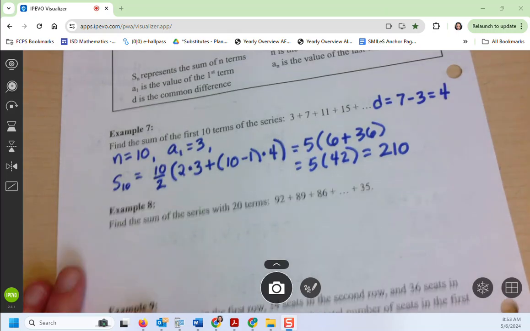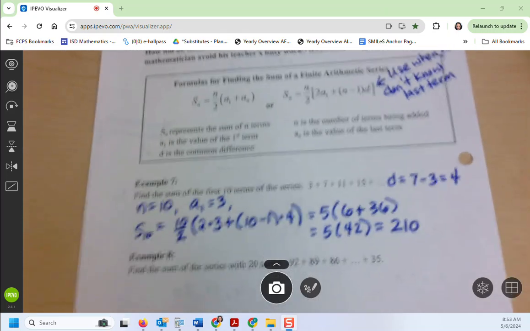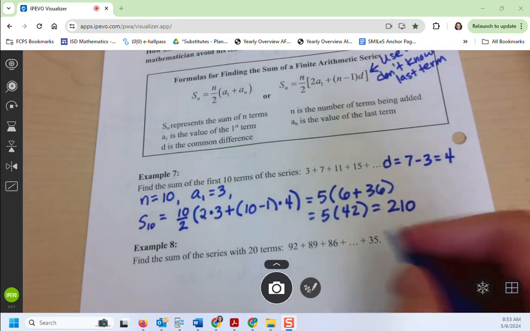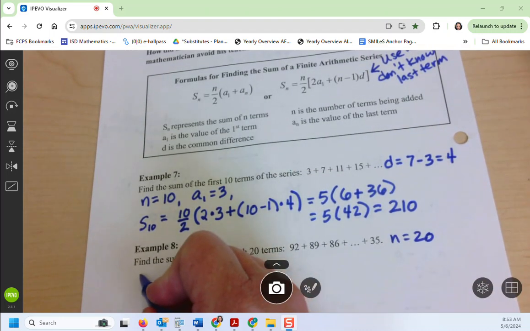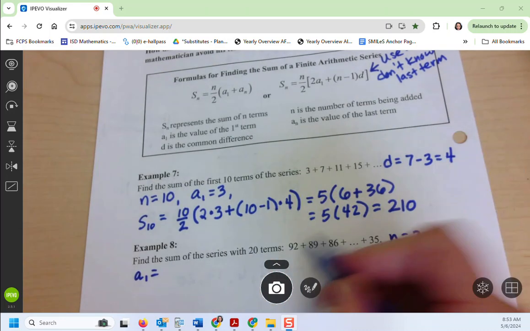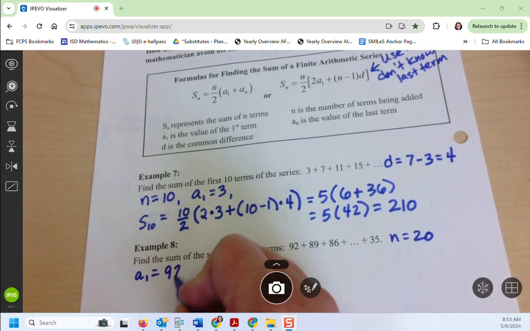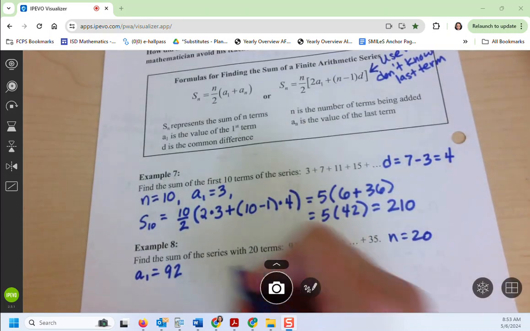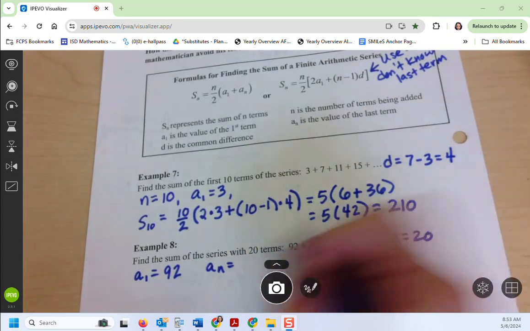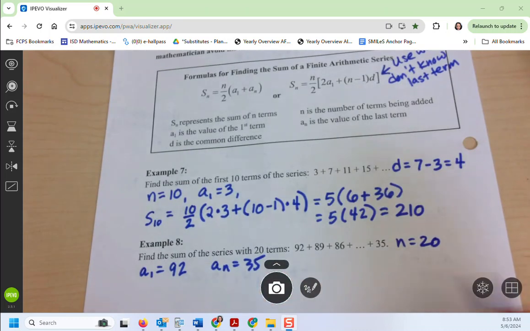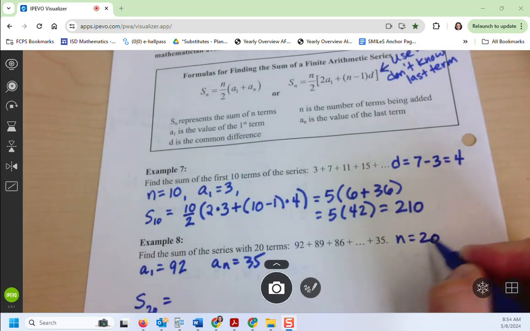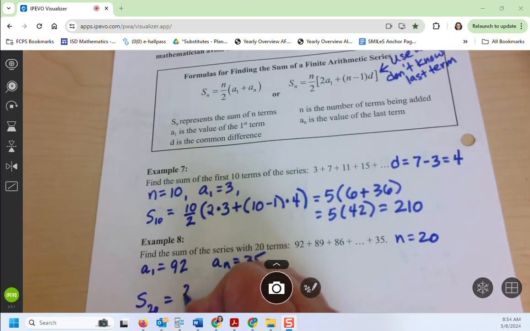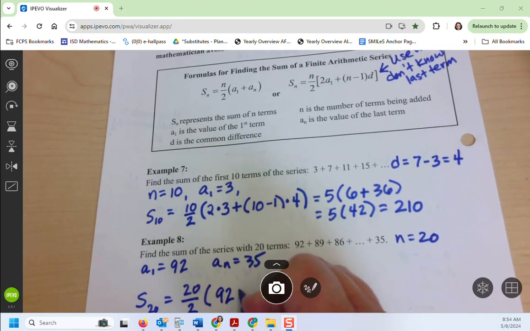All right, so to use this first formula up here, we need to know n, which we do know. N is 20 terms. And then we need to know a sub 1, which is the first term. And we need to know a sub n, which is the last term. And so to find the sum of the first 20 terms, I'm going to put n is 20 over 2 times the first plus the last.